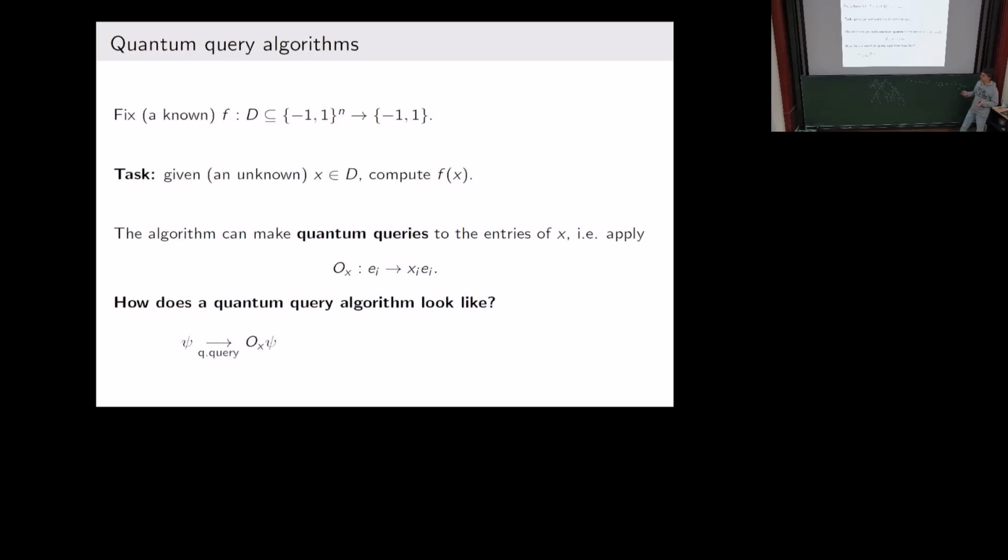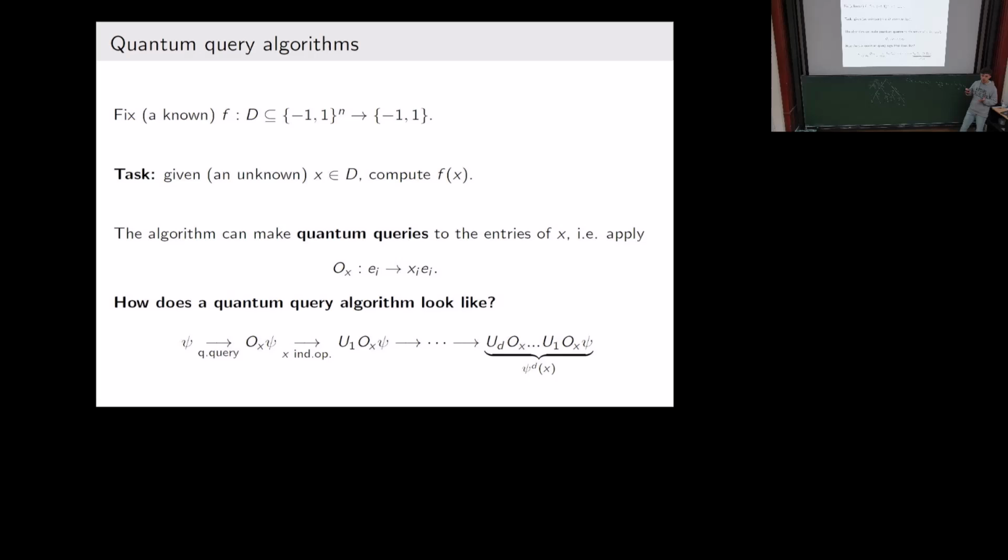After that, you are going to make a query, and then you can do another query. But before that, you can do some computation in between queries. This computation should not depend on the input because you don't know the input. So it must be a unitary that is independent of the input. And you can repeat this, let's say, d times, and you're going to end up with a state that has some information about the input.